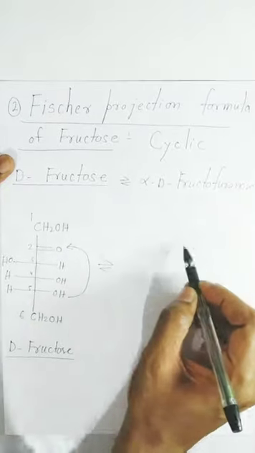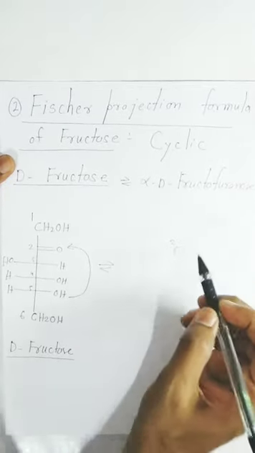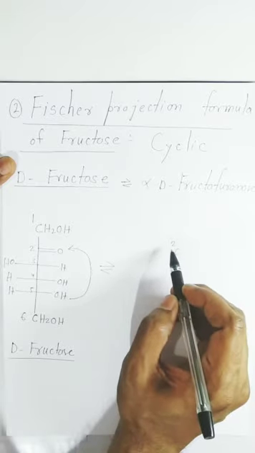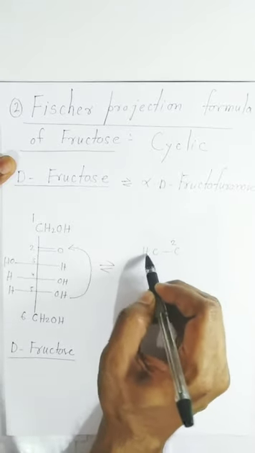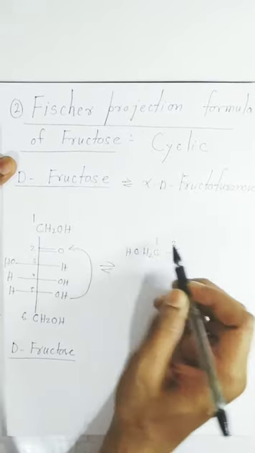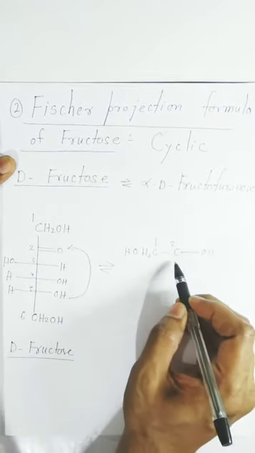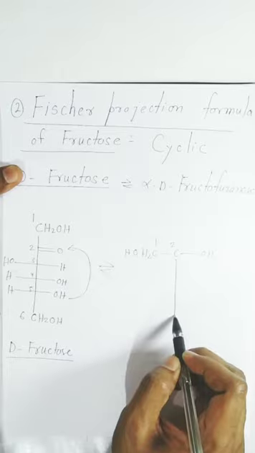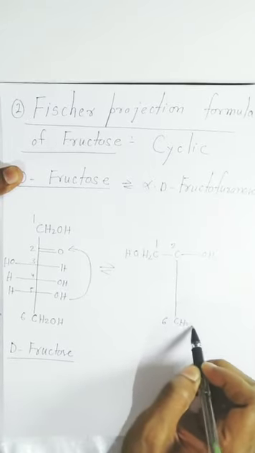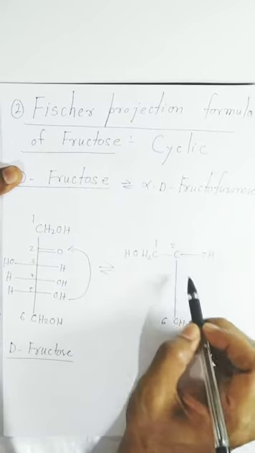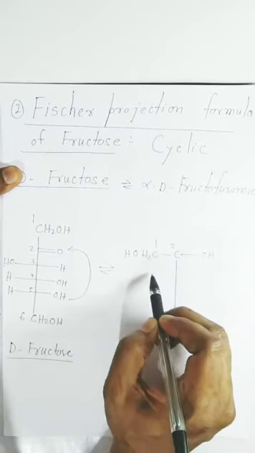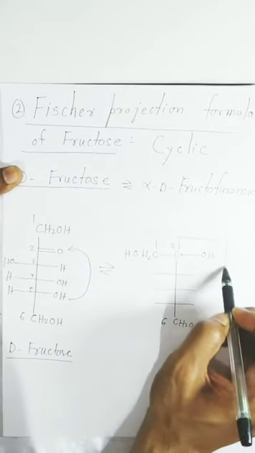So this is the second carbon. When it forms the hemiacetal, the CH2OH, which is the first carbon, will come to the left hand side and OH will go to the right hand side. The other carbons will be as they are: CH2OH, first carbon, second carbon, third carbon as it is, fourth carbon and fifth carbon. The fifth carbon OH reacts with the ketone and forms the hemiacetal like this.